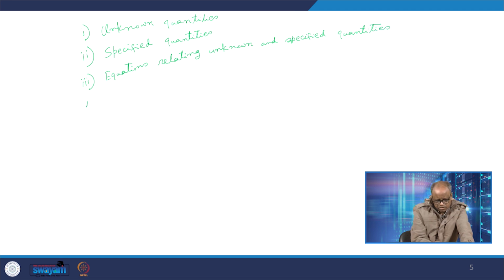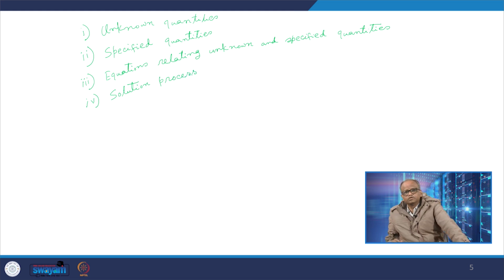And then the last is the solution process. So we have to talk in terms of these four issues. Once we understand these four issues, we will be able to do the load flow analysis.